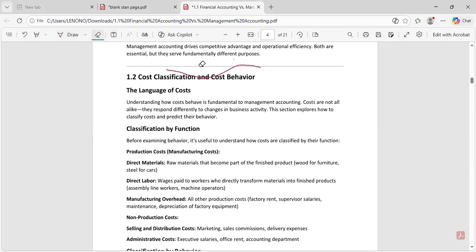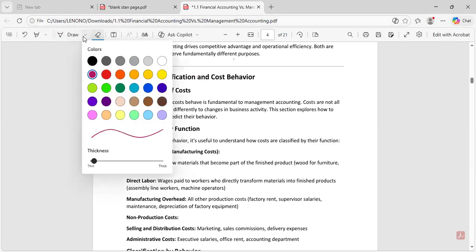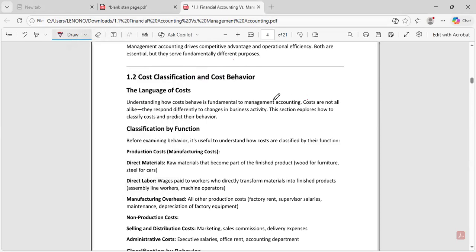We are now getting down to understanding how costs behave, which is fundamental to management accounting. Costs are not all alike, they respond differently to changes in business activity. This section explores how to classify costs and predict their behavior.